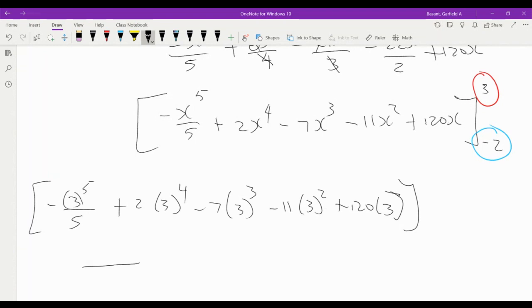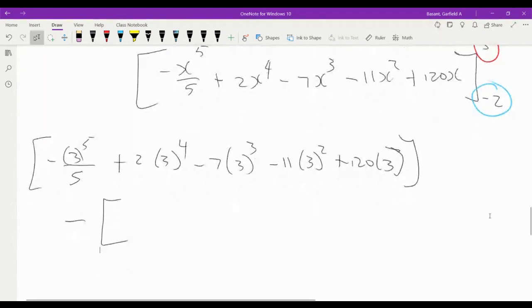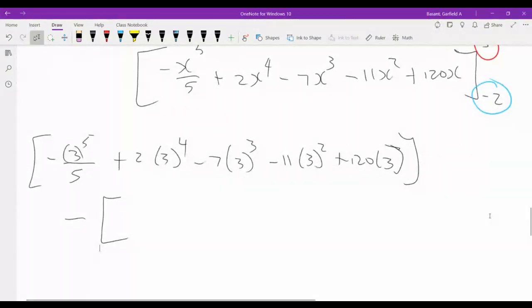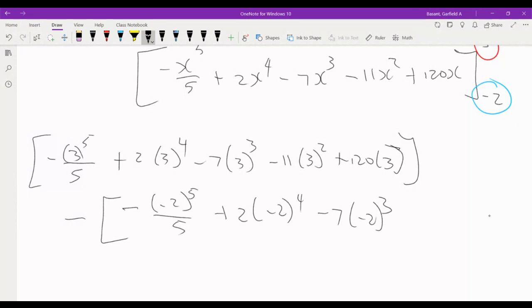That's just plugging in the 3, right? Now we're going to minus plugging in the negative 2. So that becomes negative 2 to the 5th over 5 plus 2 times negative 2 to the 4th minus 7 times negative 2 to the 3rd minus 11 times negative 2 squared plus 120 times negative 2.